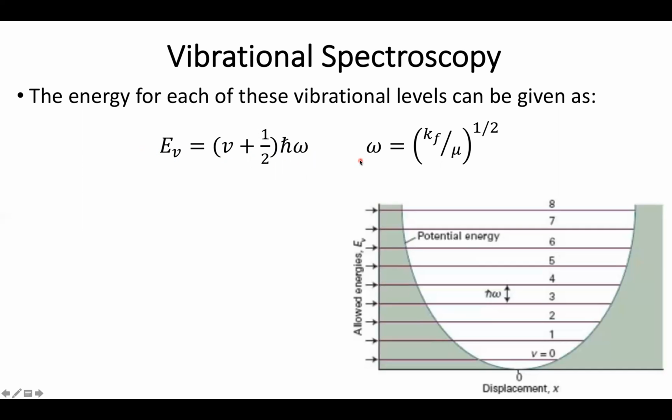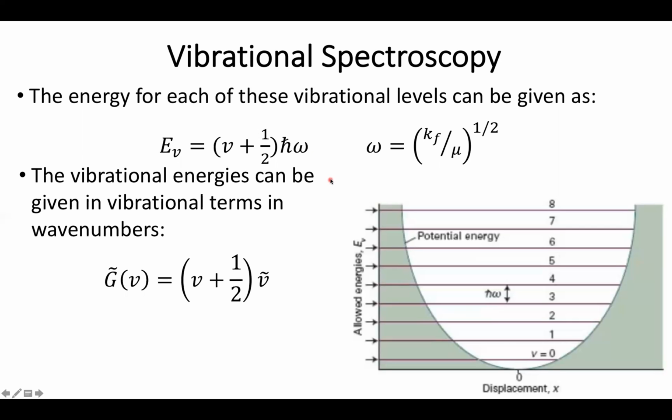And it turns out, especially when we're talking about infrared spectroscopy, most of the results are presented in wave numbers. So we go ahead and essentially flip around the units. So we're going to be looking at the energy in terms of wave numbers, which we give by this vibrational term G, in terms of the vibrational quantum number, again, our classic half value correction, and what's called the vibrational constant.